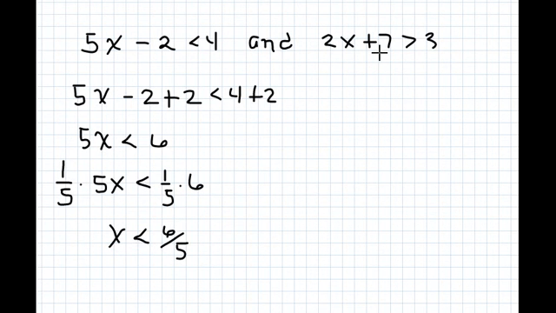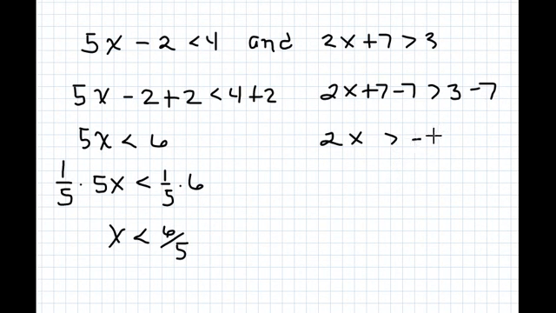Now let's go over here and look at this inequality. We're going to subtract 7. So 2x plus 7 minus 7 is greater than 3 minus 7. And that's going to leave us with 2x is greater than -4. So now we want to multiply both sides by a half to get rid of this 2.